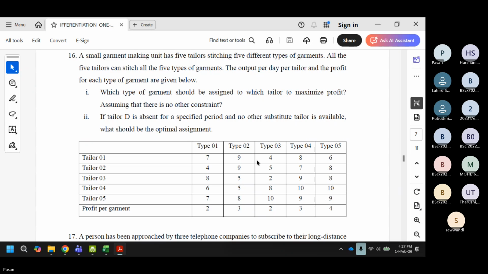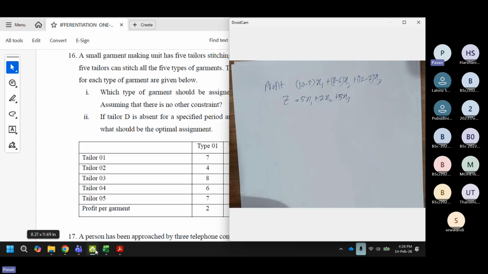So we need to worry about that type of restriction, right? If all the types have to be produced, and one tailor is going to give only one type, right? So if we have some additional restriction like that, so let me write that down.